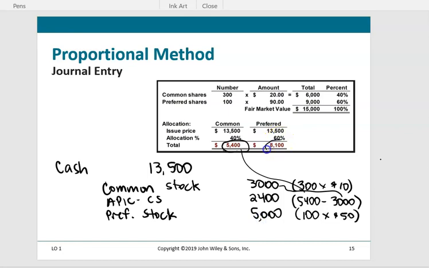And the difference, so the total amount of the 13,500 that we're allocating to preferred, you can say look at this 8,100 as 5,000 going into the par value and the remaining 3,100 going into additional paid-in capital above par related to preferred stock. Okay, so let's put that additional 3,100 here.